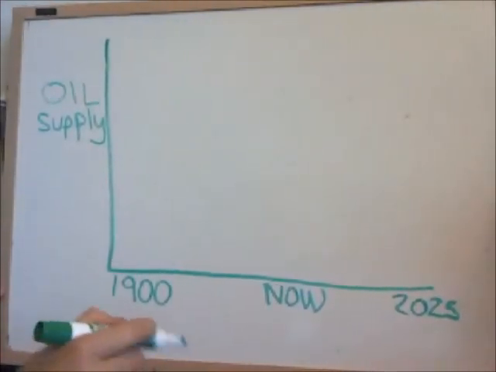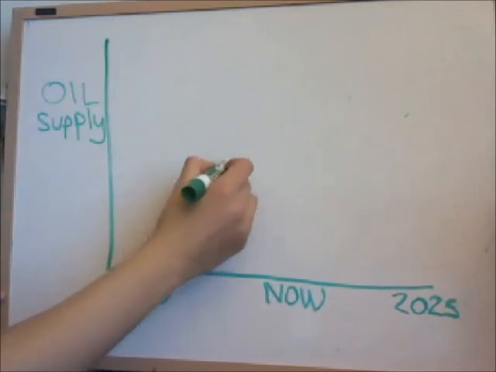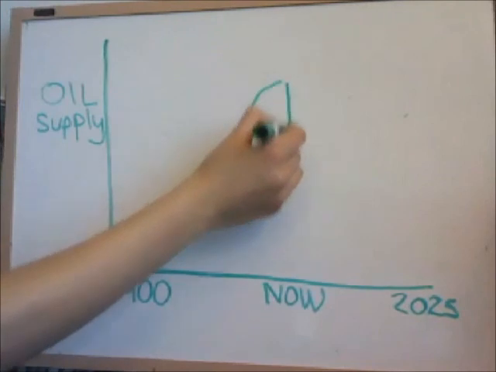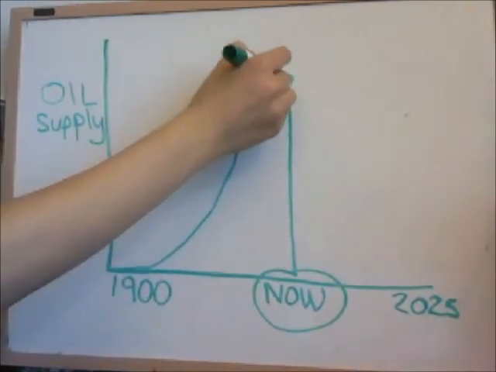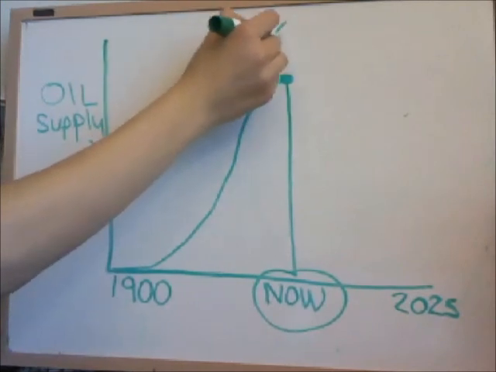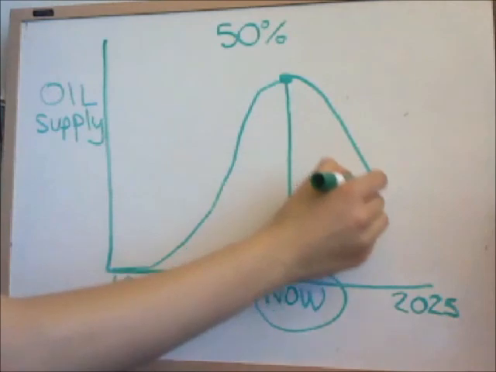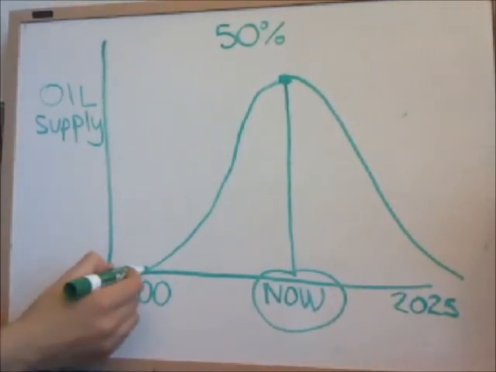By the 1950s, however, we were starting to find more oil reserves, and in the last 50 years, that has skyrocketed. We're at this point right now, and what is happening to our oil supply is it has or will soon reach its peak, which means that we aren't finding any new reserves, and we have now used up 50% of our supply, which will steadily decline.